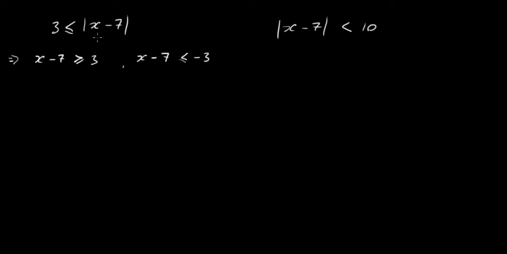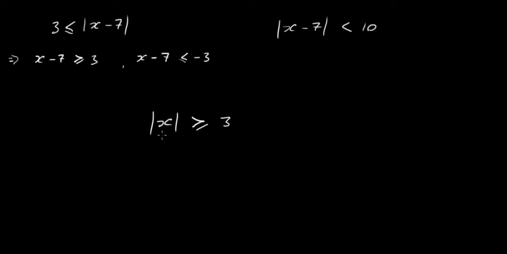So why didn't I leave this symbol the same way around for the minus 3? Well, let me explain that here. Let's say, for example, we have the modulus of some number being greater than or equal to 3.